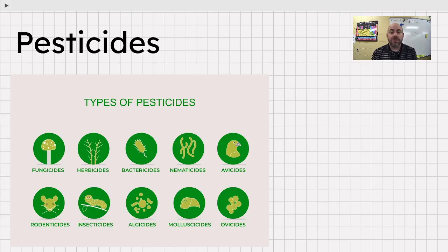You can see that there's a lot of different kinds of chemicals out there in order to eliminate different kinds of pests. Depending on the type of crop you have, I'm assuming that there's going to be different pests attracted to it. Bugs and weeds are going to be the most prominent types of pests, and so eliminating them is going to increase yield, which is going to increase profit and food and all the things that we get from crops.